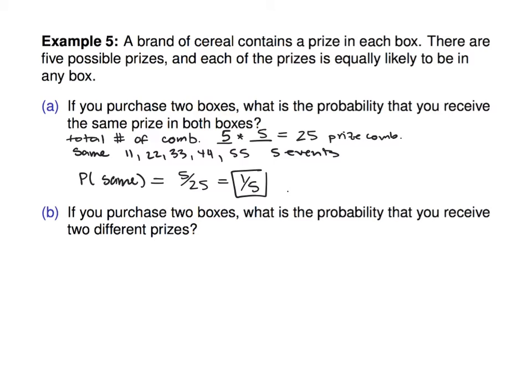So if you've purchased 2 boxes, what's the probability that you receive 2 different prizes? Well, it's the complement rule here. Probability of not the same will be 1 minus the probability that the prizes are the same. So 1 minus 1/5 or 4/5.